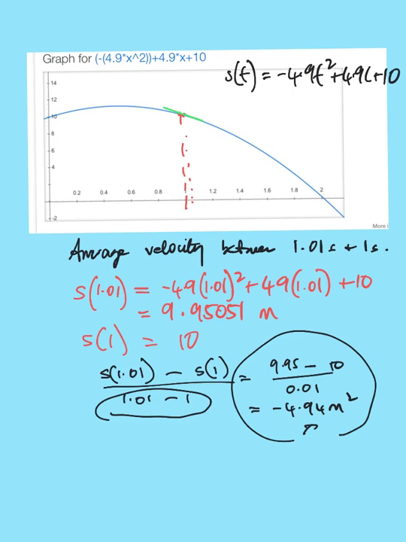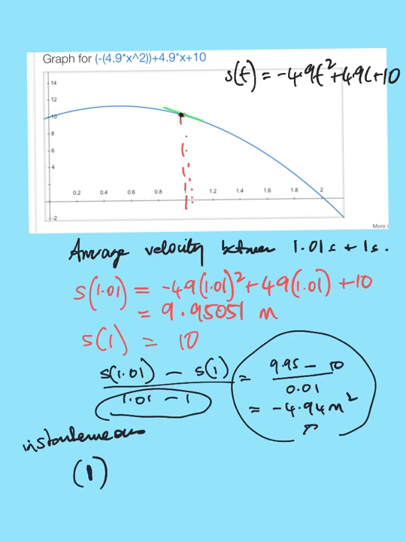So the next question is saying, okay, so what is the instantaneous velocity at 1 second? At 1 second, how fast is he moving in the air? So how are we going to find that? Well, we can't find any sort of two measurements to subtract because we've only got one.